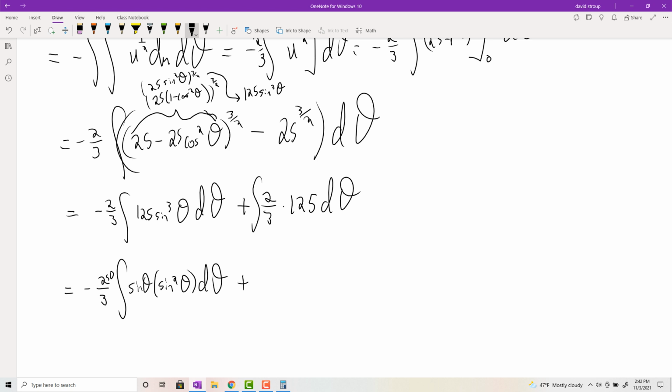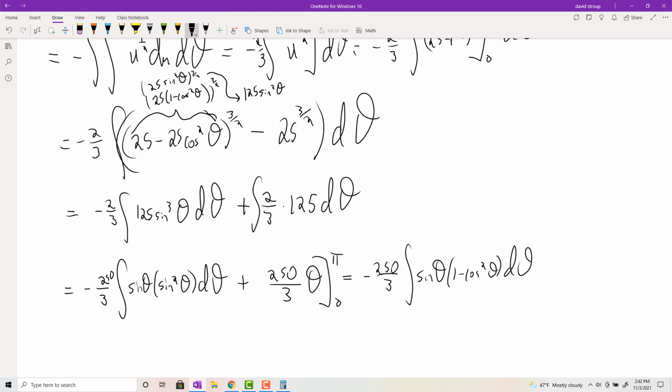The second integral will be 250 all over 3 times theta from 0 to pi. Then this will be negative 250 all over 3. I'm going to rewrite sine squared as 1 minus cosine squared. Then I have to do a u sub on that. Plus 250 over 3 evaluating it would be pi minus 0 is just pi.